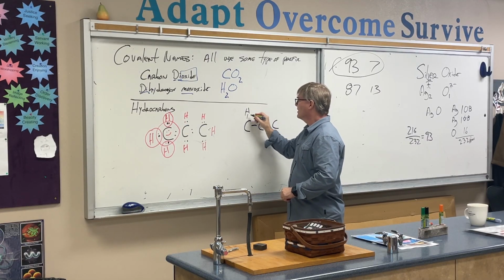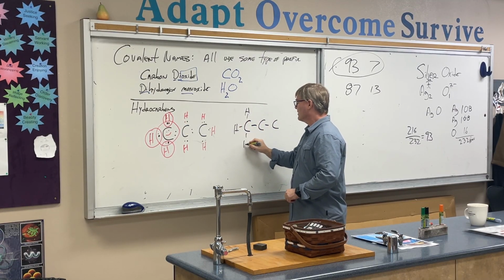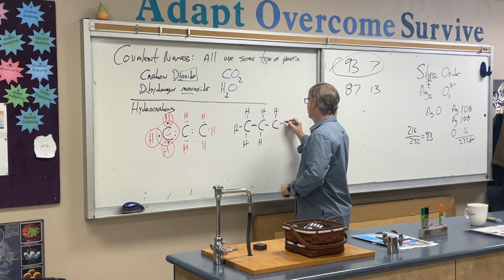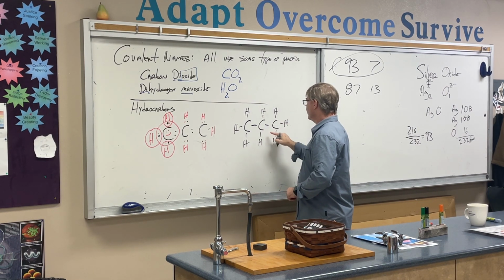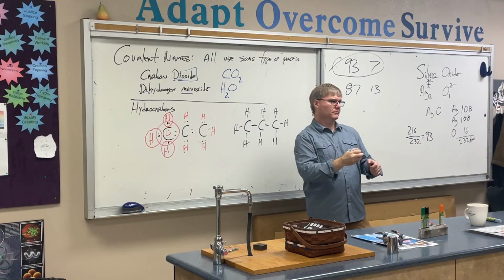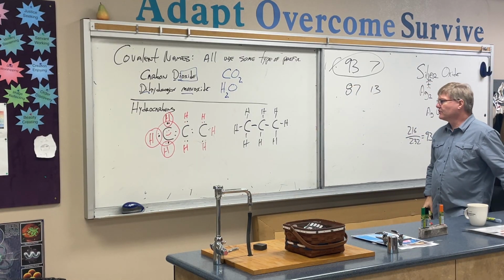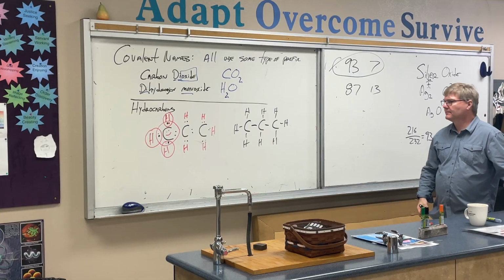And the line does bring a certain amount of clarity, where each line here represents a shared pair. There's too many dots. You get just too many. And so we get lines instead.